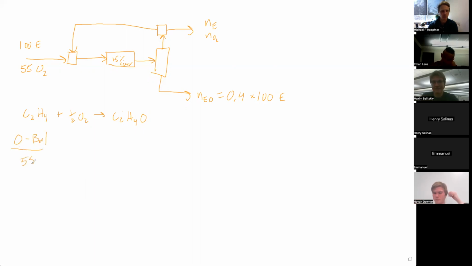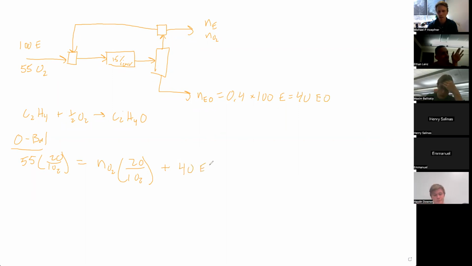All right, so we got 55 coming in. 55 coming in. For every 1 O2, we get 2 O's, and this is equal to our unknown NO2, for every 1 O2, we get 2 O's, plus 40 ethylene oxide.